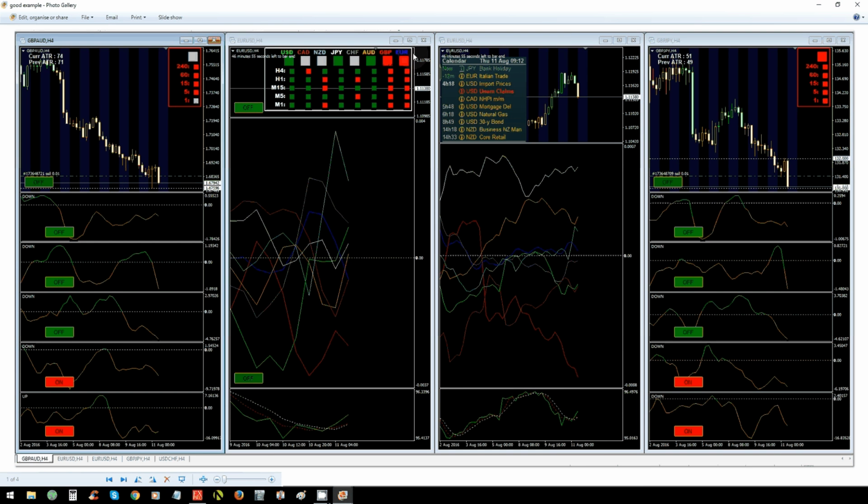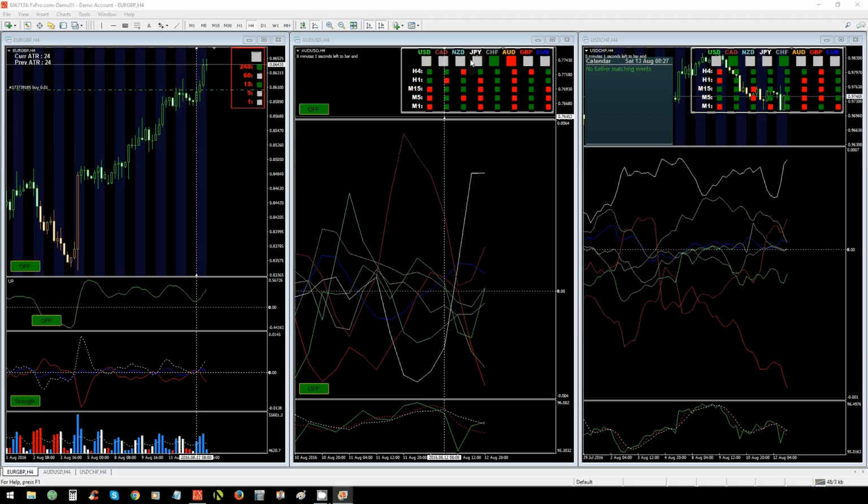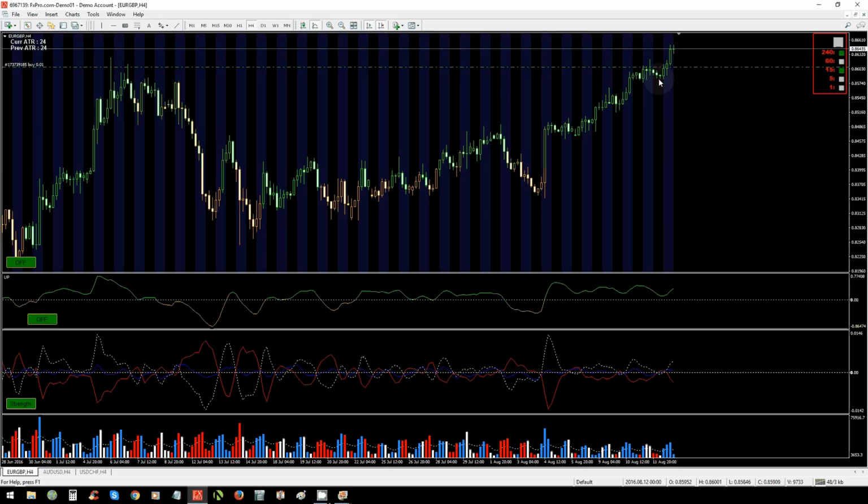Let's just have a look at another one. I'll just clean these up. What I was looking at was the euro sterling here. On the 4 hour chart we had this previous area of resistance, and it did try to break through here, and eventually it did break through.